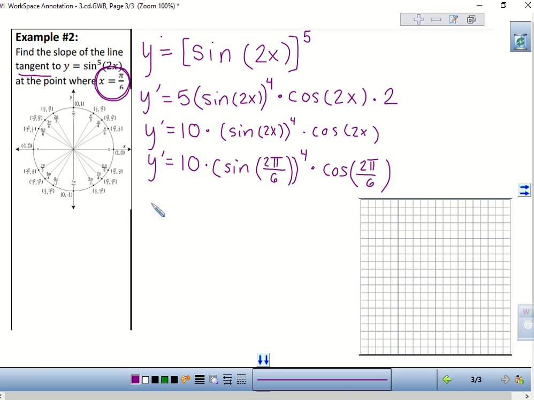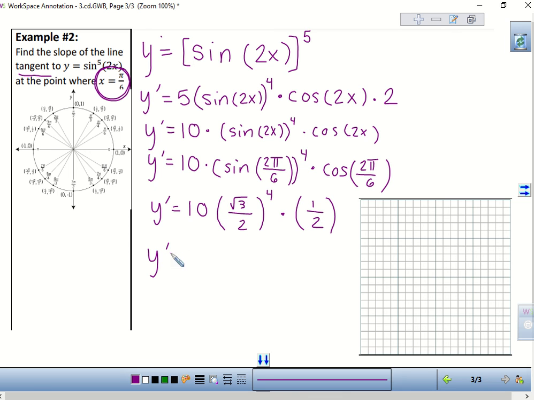So, what is sine of 60 degrees? Anyone remember what that is? Sine of 60? Square root 2 over 2? Square root 3 over 2. Good, square root 3 over 2. Square root 2 over 2 is 45. I forgot sine question. That's okay. And then, what's cosine of 60? 1/2. 1/2, good.